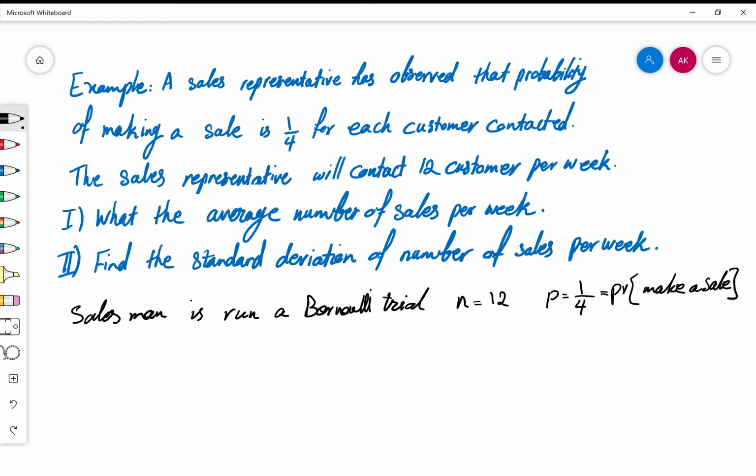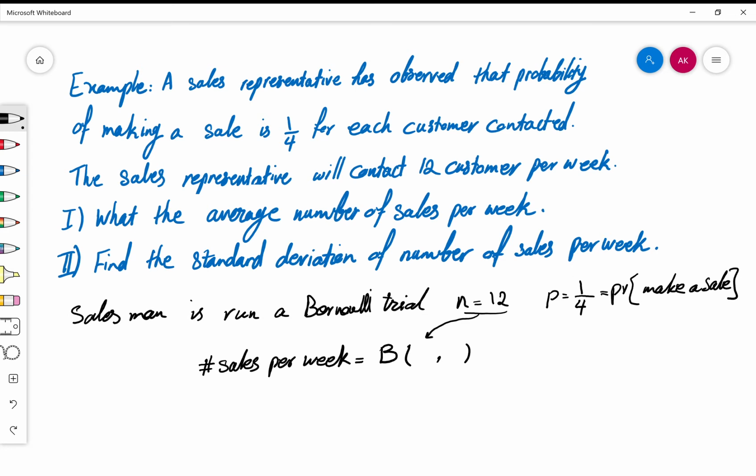And the number of sales per week is just the random variable which counts the number of successes of this Bernoulli trial. We already know that such a random variable is called a binomial random variable, and we need to fit in two numbers.